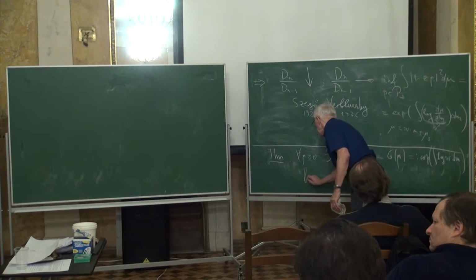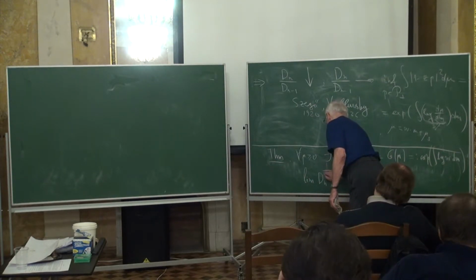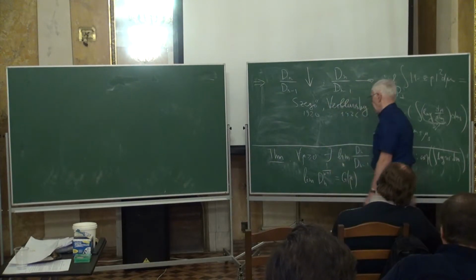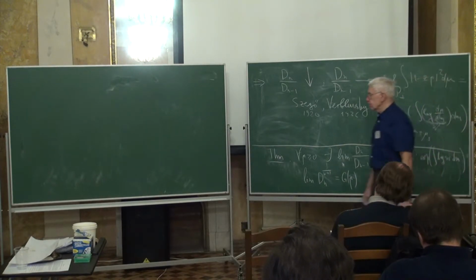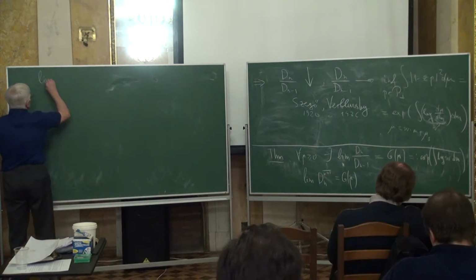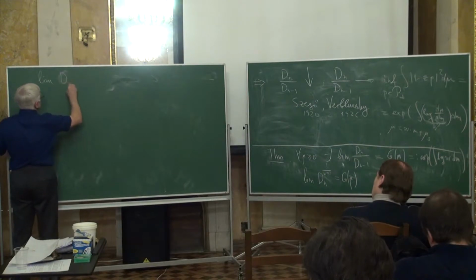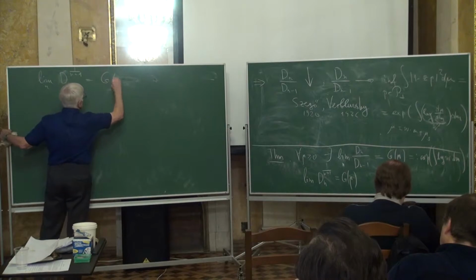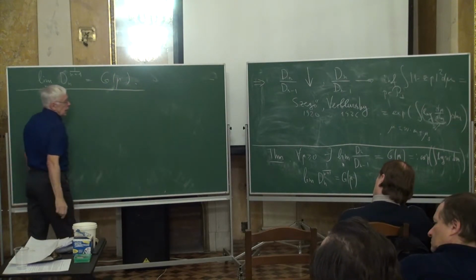So we have that the limit of dn to the power 1 over n plus 1 is equal to g of mu. It is a direct consequence of this formula. So I rewrite it: dn to the power 1 over n plus 1 tends to g of mu for every measure mu.